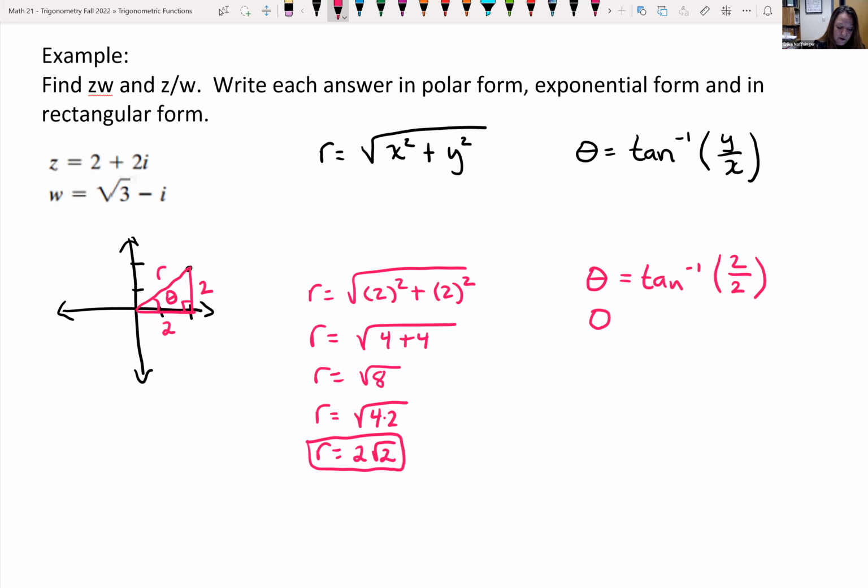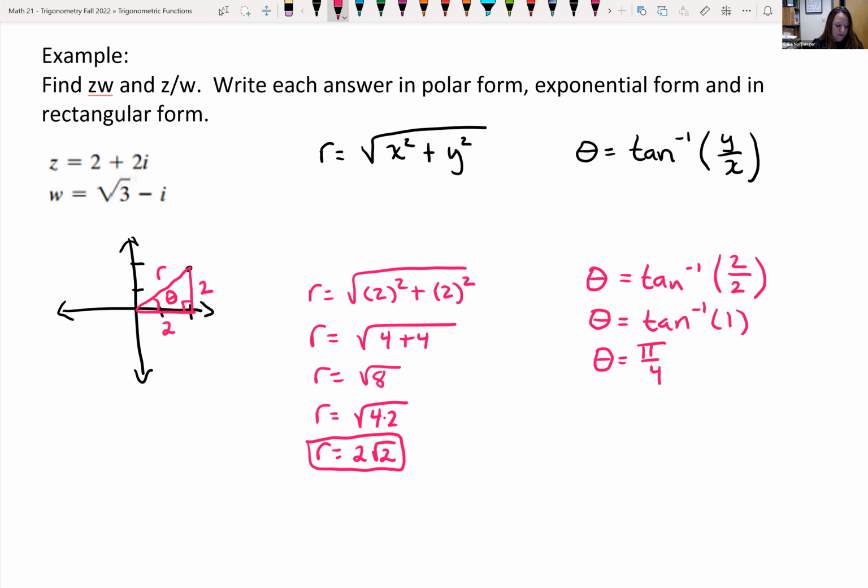So theta is equal to the tangent inverse of 1. So the angle that gives me back tangent of the angle that gives me back 1, I know is pi fourths. So theta is equal to pi fourths.